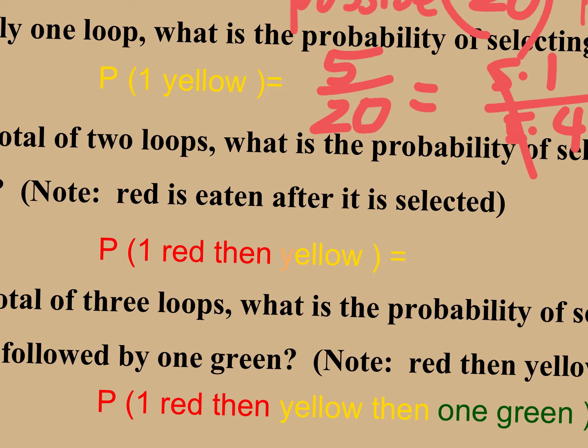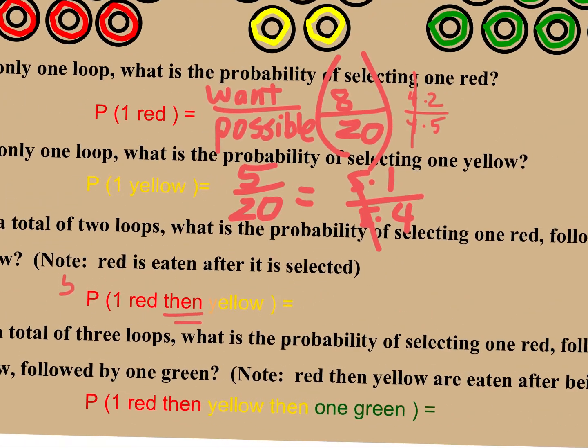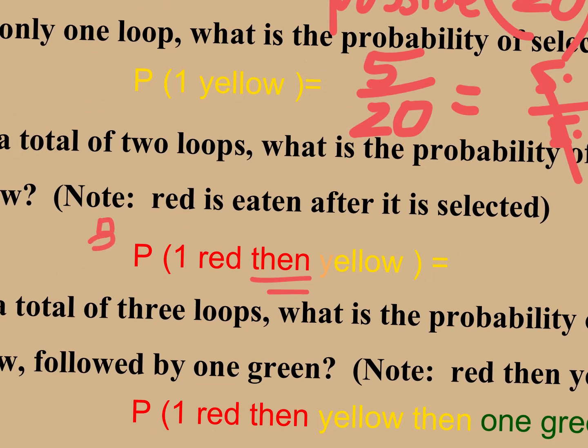Well, the red one is still the same. It's super simple. Okay, so the red one, it is easier to think of as "then", all right, but the probability of 1 red one, well, oh, wait, what did we get that before? That was up here. It was 8 out of 20. There we go. 8 out of 20 for the red one. And then how about the yellow one? It is not 5 out of 20. 5 out of 19.